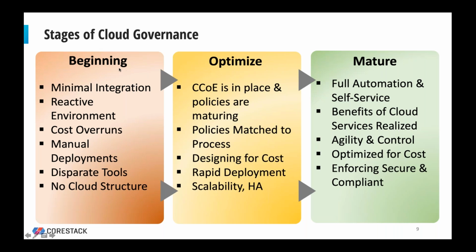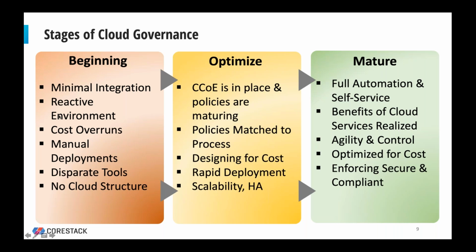So they're integrated and migrated into the cloud, some of their workloads, maybe a few sandbox environments, test environments, or maybe they have some web apps and they're running production in the cloud. It's very reactive, so they'll utilize some monitoring tools or native services to gather information to make sure there's not security holes or that your applications are running at peak utilization.